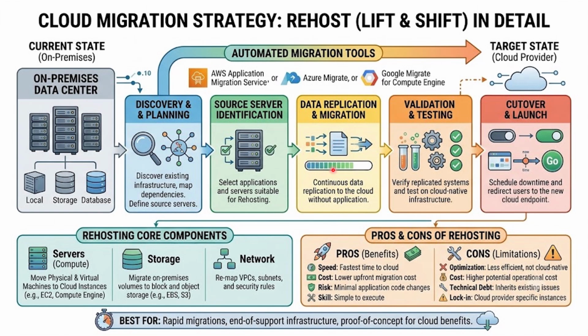Now these tools perform continuous block level replication, and they replicate your operating system and data volumes asynchronously over the secure VPN or dedicated network line, while your on-premises application remains active and serving live production.